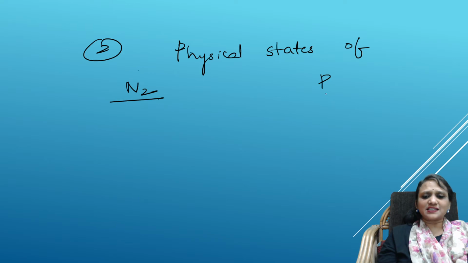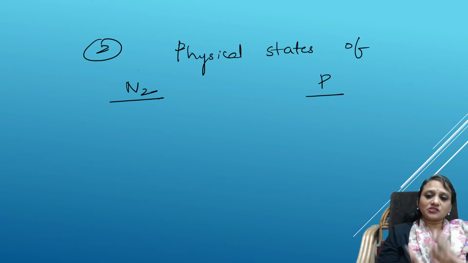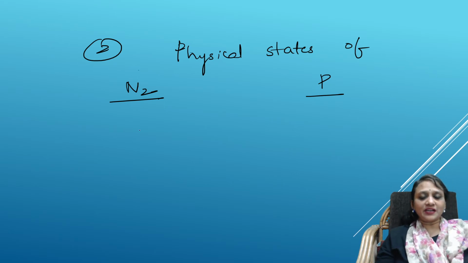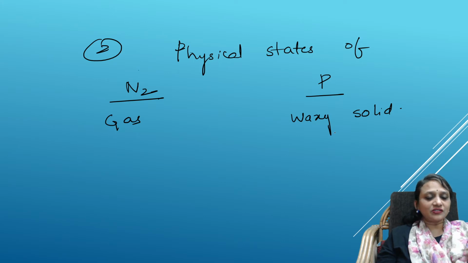Now, physical state is nothing but what form it is in at room temperature, whether solid or gas. So basically, nitrogen is a gas. What is phosphorus, students? It is a waxy solid. Now, this phosphorus can readily pass through the vapor state.